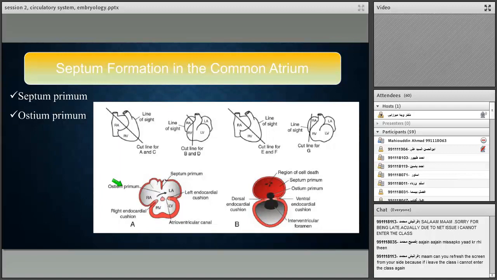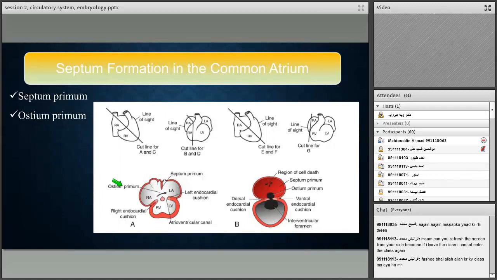Look at here, we can see in the sagittal plane the septum primum, and here also we have the ostium primum. These are also the endocardial cushions in the atrioventricular canal.